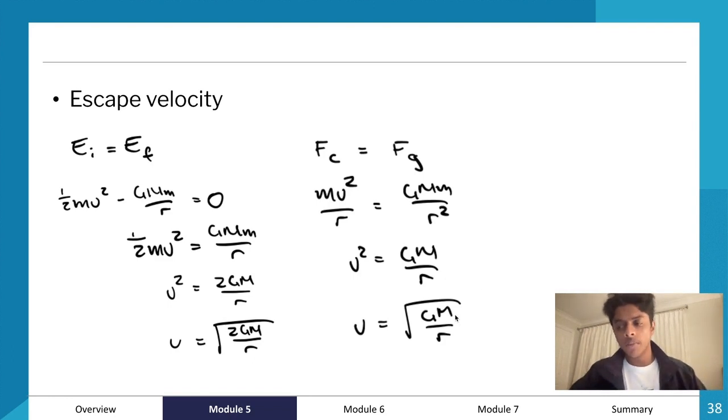This is another reason why I recommend that you aim to derive the formulas, because these two formulas are pretty similar and you can end up getting confused. If you derive them, you understand where the formulas come from, and you're also able to show that understanding in your answers.